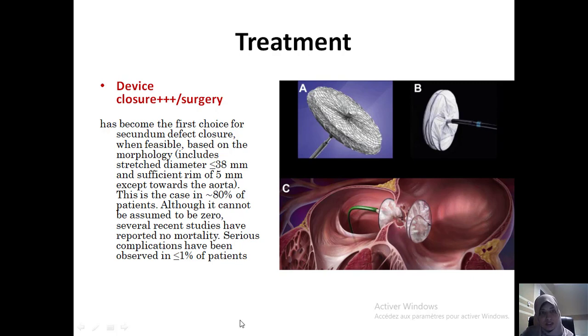What about the treatment? We know that there are two options for treatment: device closure or surgery.